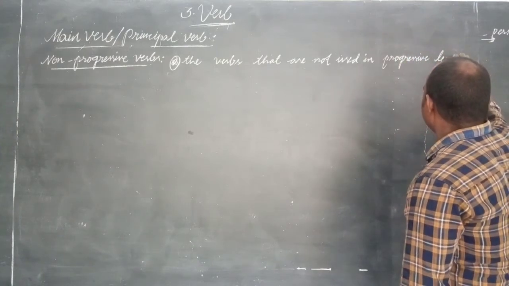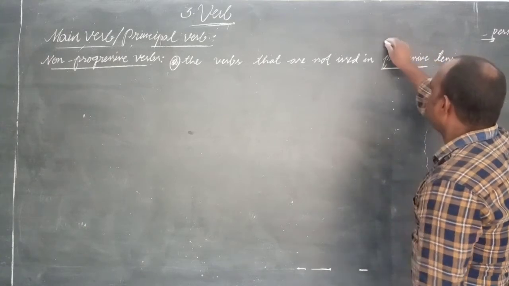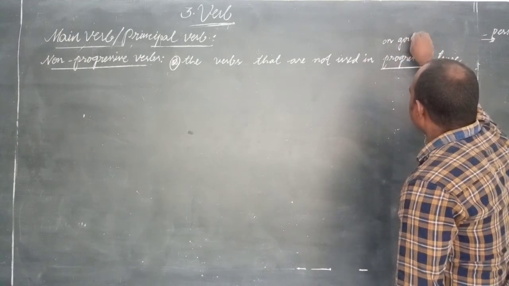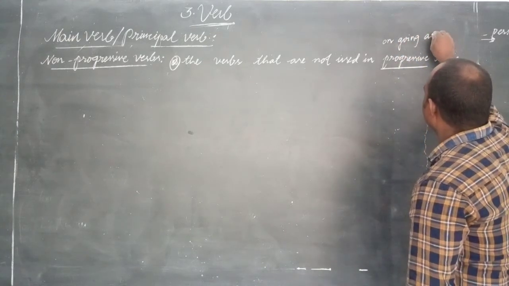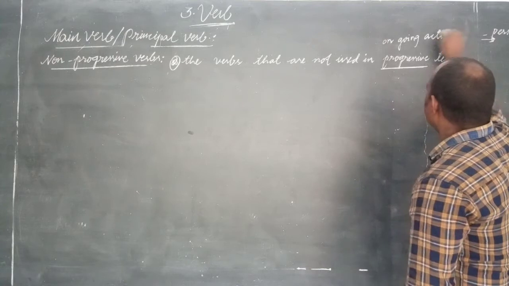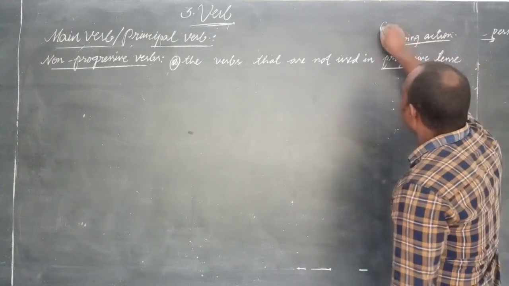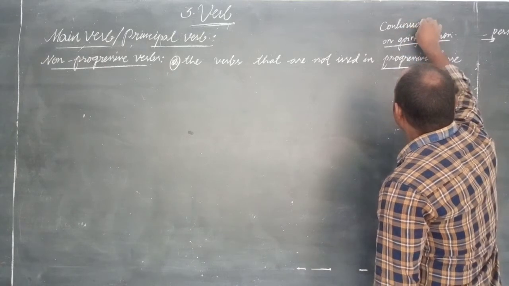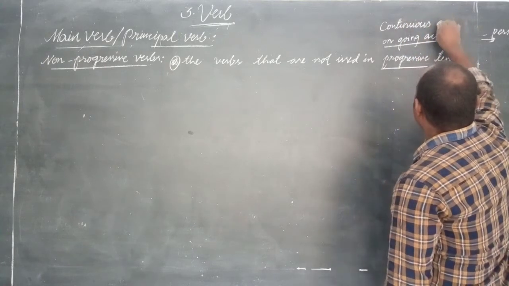Progressive tense. You see, progressive tense means here ongoing action. Ongoing action means continuing, continuous action.